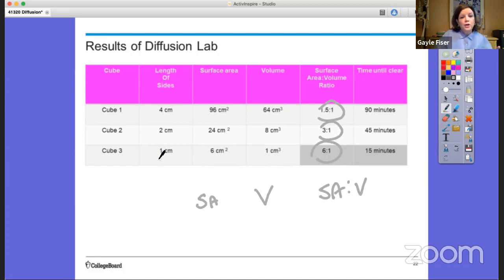So the smaller cube, right here, this was a medium cube, and this was a large cube, had a greater surface area to volume ratio, and it went clear the fastest. This meant that if this was a cell, the nutrients can diffuse more efficiently into this smaller cell.